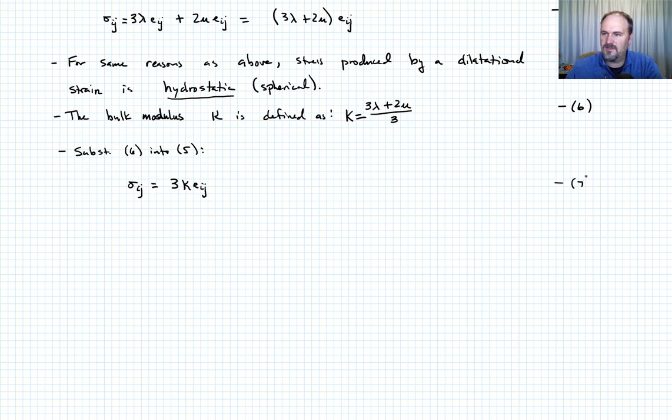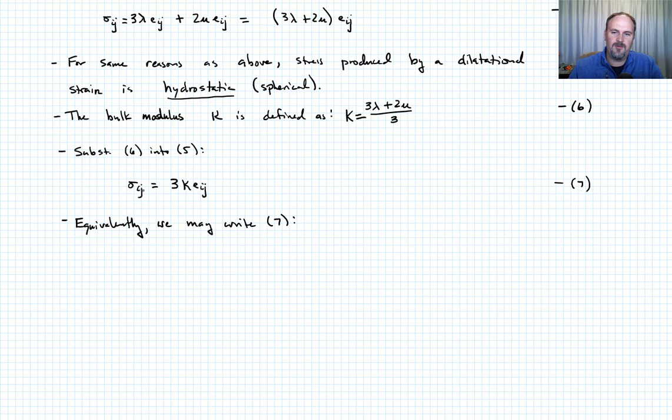Call that equation 7. One thing to note about a dilatational response is that it's the same in all directions. So sigma 1,1 is equal to sigma 2,2 is equal to sigma 3,3. We may not want to leave this in terms where, even if we assume it's symmetric, there's 6 coefficients. We might just want to write it as a single equation. So equivalently, we may write equation 7 just by contracting on the index.